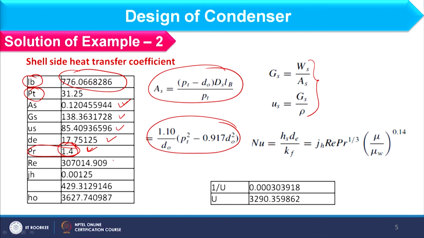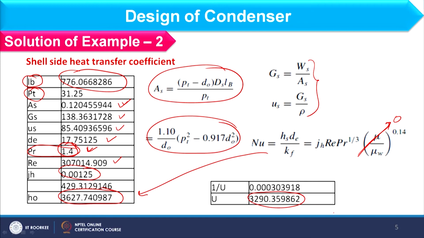So, depending upon the Reynolds number you can find the JH value from the graph as we have discussed in previous examples also, and so you can find the heat transfer coefficient in the shell side considering this expression, right, neglecting the viscosity correction factor.